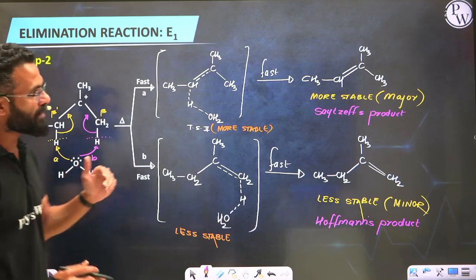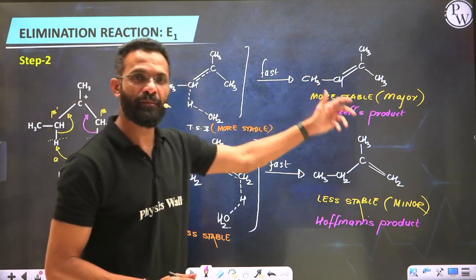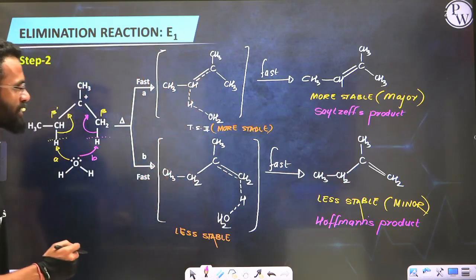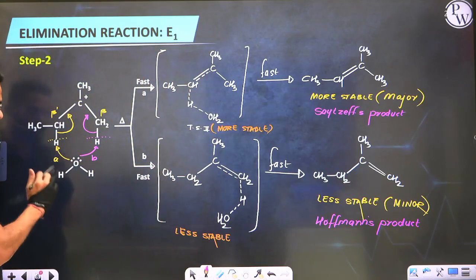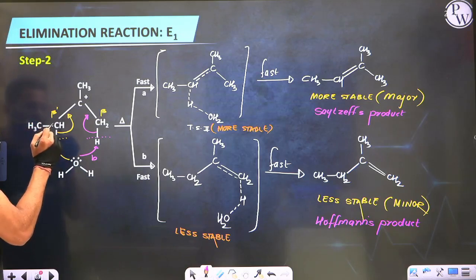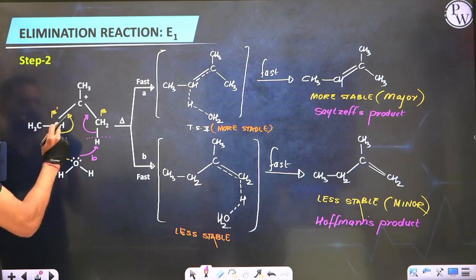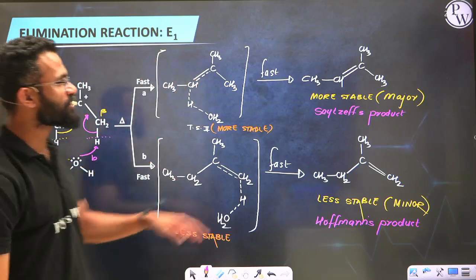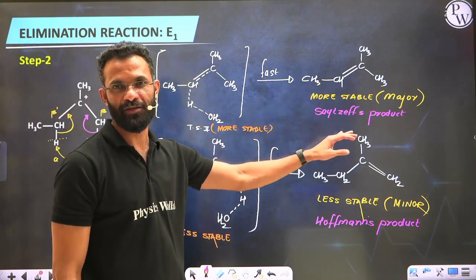So another way of defining Saytzeff elimination product is the product of beta elimination obtained in such a way that base abstracts the hydrogen atom from the beta carbon atom which is lesser acidic, or from the beta carbon which is carrying less number of hydrogen atoms, to yield more substituted product.